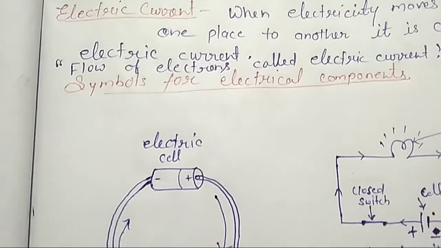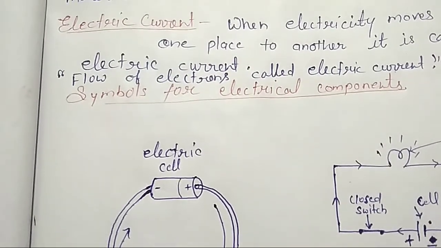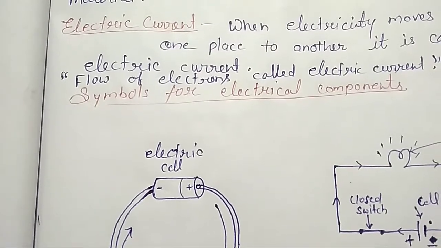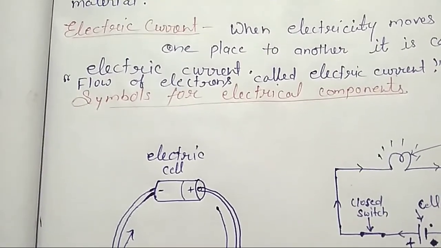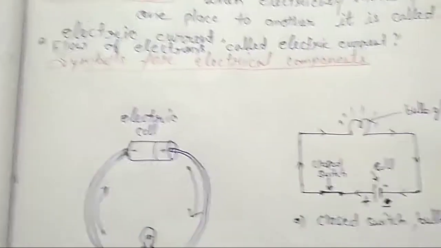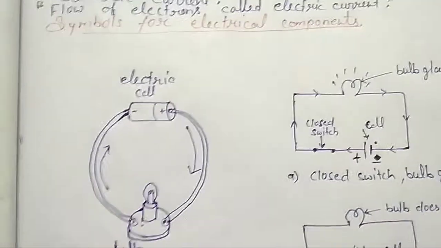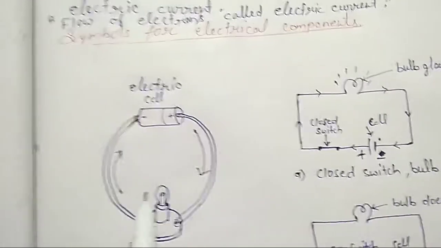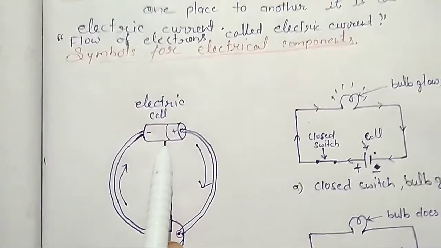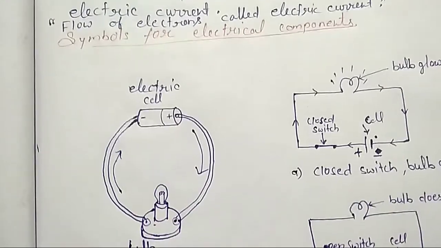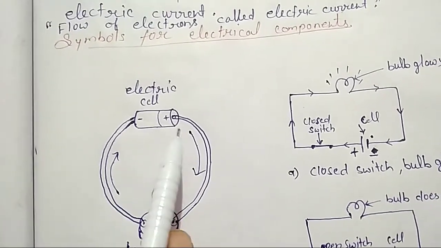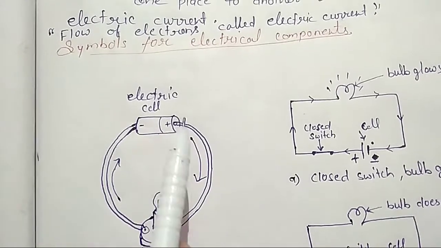Like you can see here, symbols for electrical components. To know this, we have to see this diagram. First, we should know some terms. Here you can see, this is a cell. You must have seen this cell. And this is a bulb. As you can see here, wire.